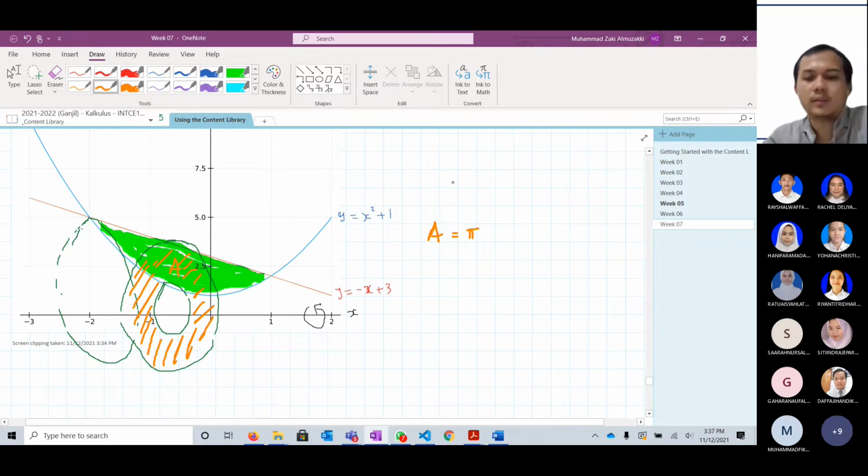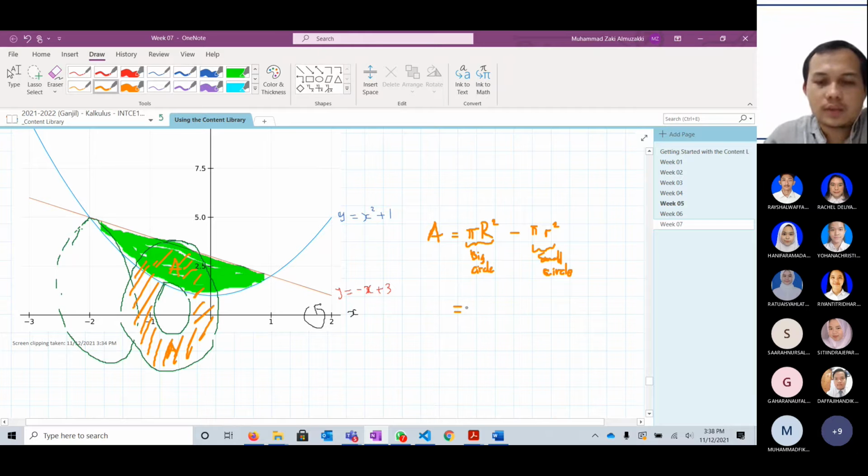We just have a ring. So the area of the donut, the area of the ring, is the big circle, pi r squared, minus pi small r squared. This is the bigger circle, and this is the small circle.